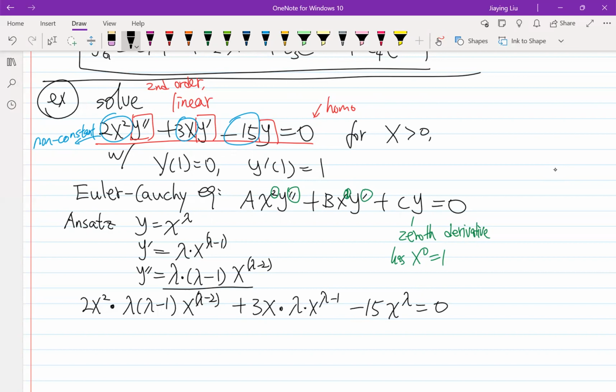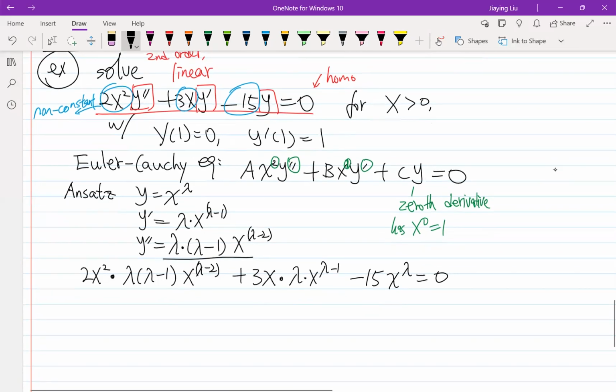The process, to me, is almost identical to the homogeneous constant coefficient linear equations. It's just that the solution ansatz is different.